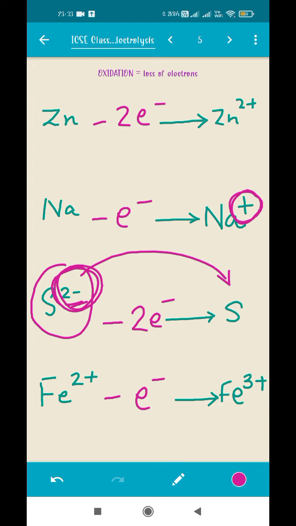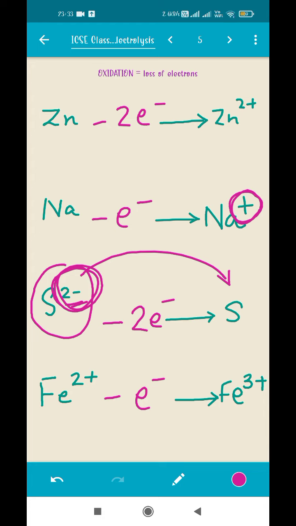As a result, its charge will also increase. So Fe2+, after the loss of 1 electron, becomes Fe3+. Initially it had 2 electrons less, now it has 3 electrons less, because 1 electron has been removed once again. Since in all the above questions we see that there is a loss of electron, and loss of electron means oxidation, all these reactions are oxidation in nature.